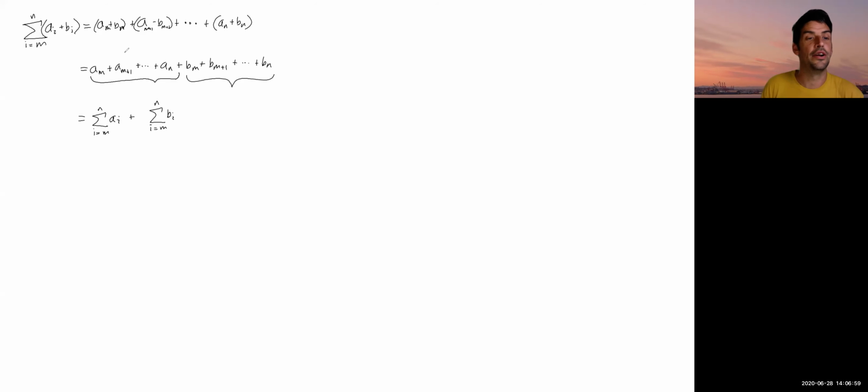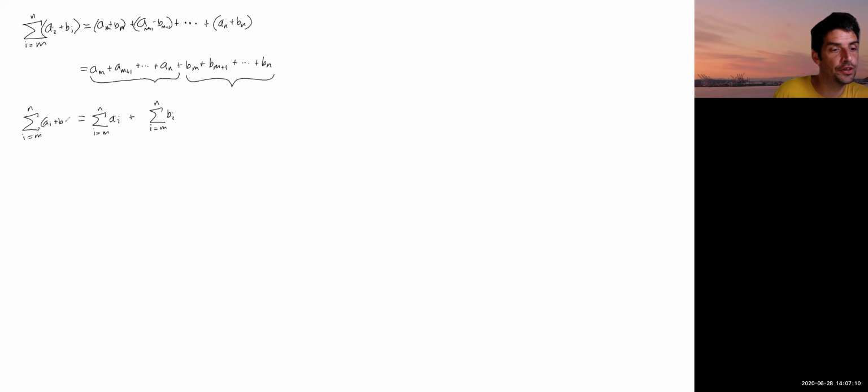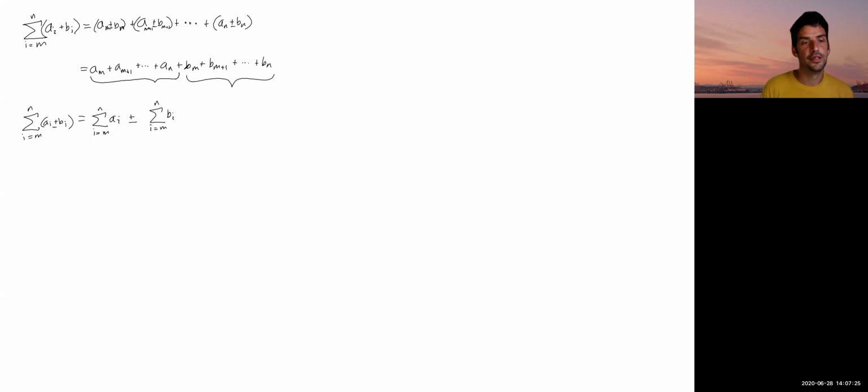What this is telling us is that we can split or distribute this summation notation over addition. And in fact, if you look closely, nothing I did depended on the fact that I was adding in here. This could all be minuses in here. These would all then be minuses right here. So it works for addition and subtraction to split it up. It distributes over both of those.